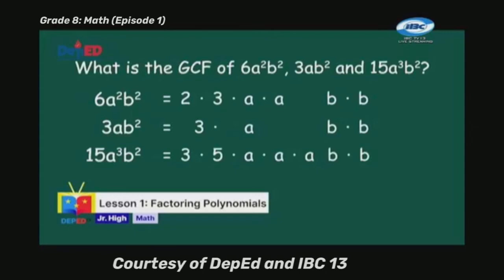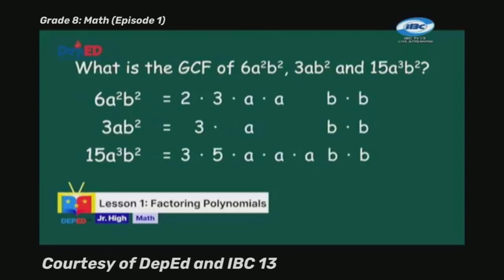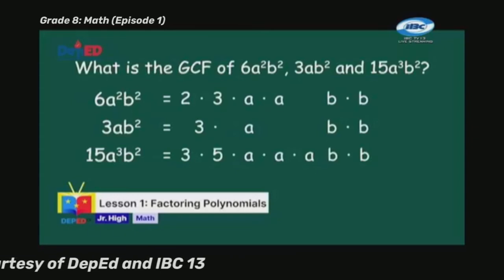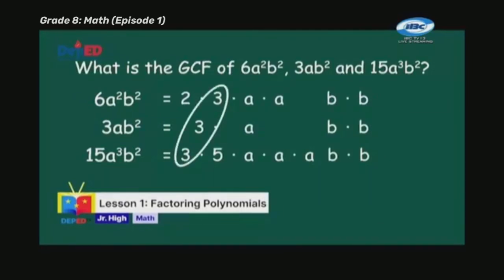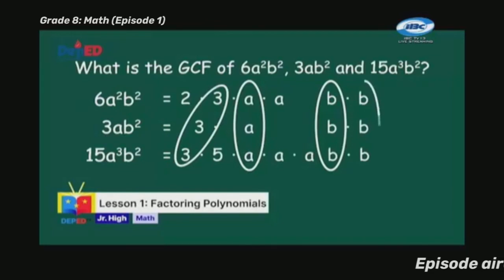Then we have 15a cubed b squared. This monomial can be written as 3 times 5 multiplied with a times a times a multiplied with b times b because of the indicated exponents. Now, identify the common factors. We will have these numbers and variables.